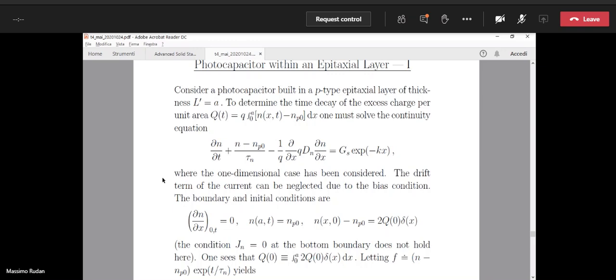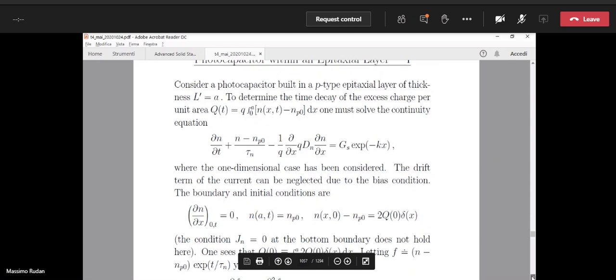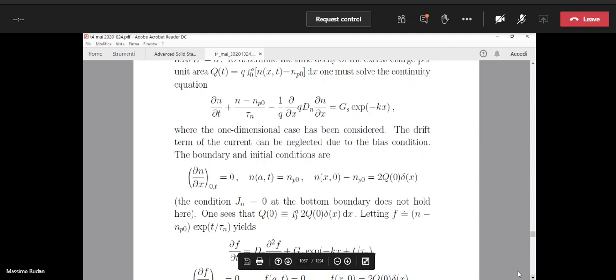What are the boundary conditions of this equation? Look at the central line here in the page, okay? The asymptotic condition does not exist anymore.